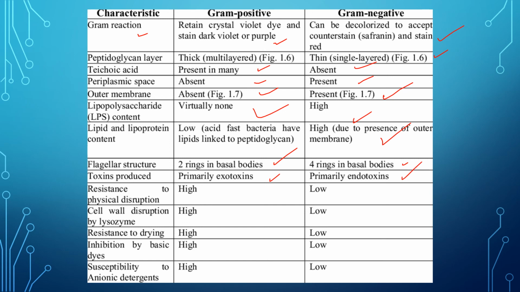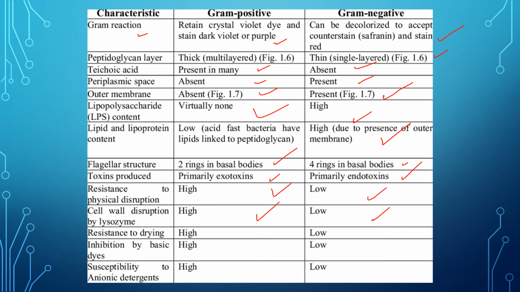Resistance to physical disruption is high in gram-positive bacteria, while resistance to physical disruption is low in gram-negative bacteria. Cell wall disruption by lysozyme is high in gram-positive bacteria. Cell wall disruption by lysozyme is low in gram-negative bacteria.